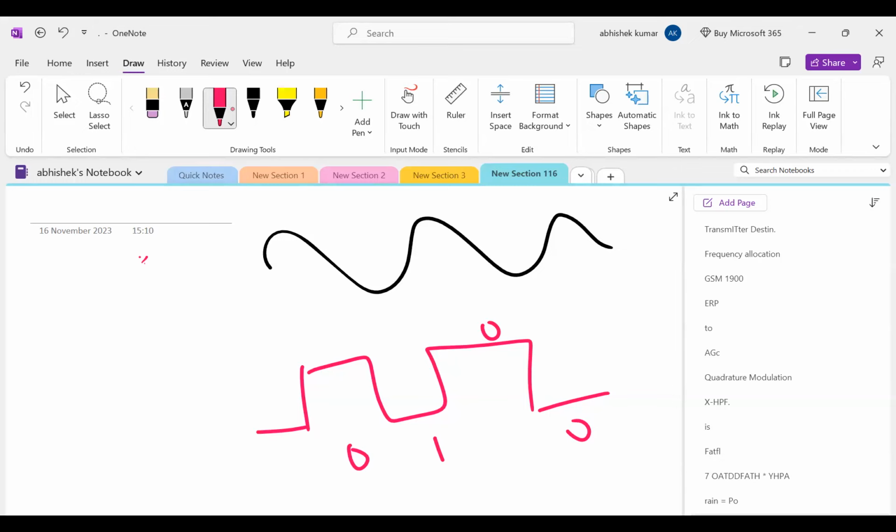In 16 QAM we will have 16 different possible values, and in AM and PM we have only 4 possible values, but in 16 QAM we have 16 possible values that I want to show you. After that, transmitter design. Observe page number 18, 19, 20. If you have any doubt, ask, because I have explained this thing.